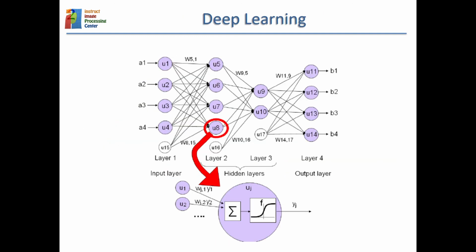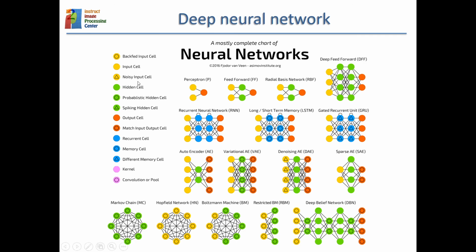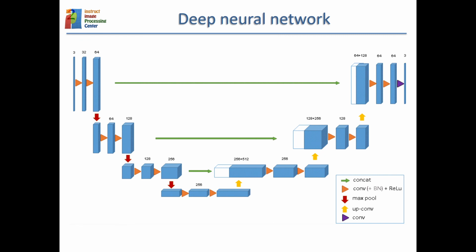We have seen the simplest way a neuron can be constructed, that would be one of these hidden cells, the ones without any drawing or symbol inside the circle. But you can have, for instance, neurons with feedback, so the output of that neuron can be the input of itself, and you can be really creative. Here you have some examples, and then again you can construct many very complex architectures.